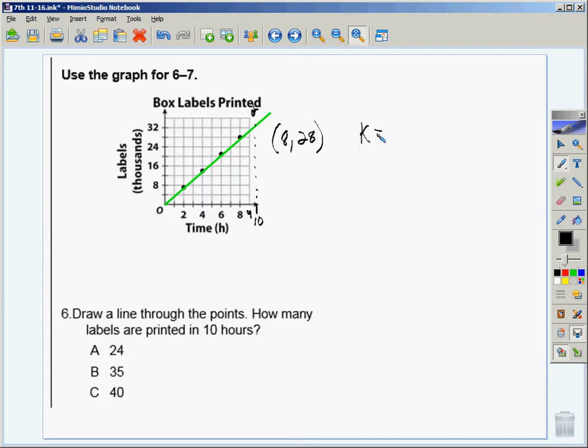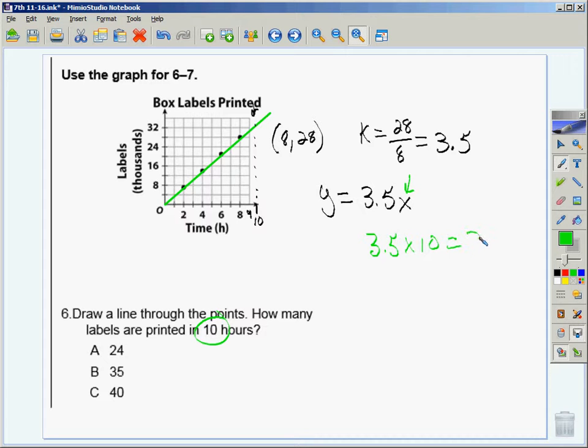To figure out what k is, I would have taken 28 and divided it by 8, which is 3.5. So the equation for this line would have been y equals 3.5x. In this case, 10 hours would have said 3.5 times 10, which is why 35 is the correct answer.